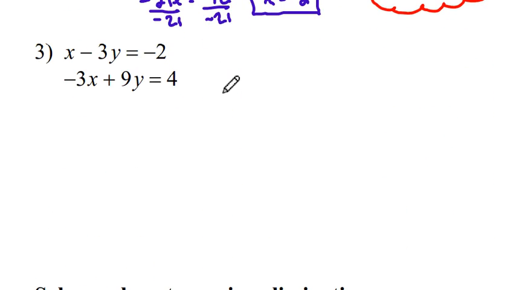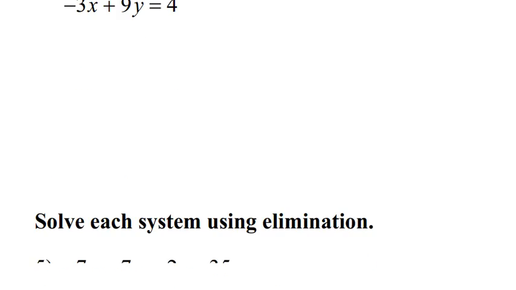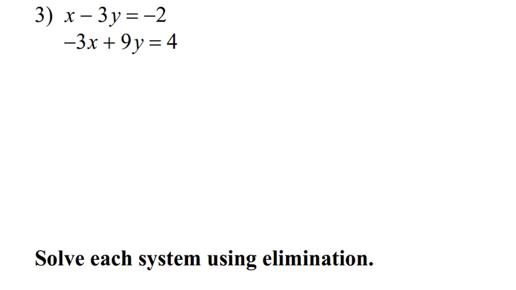And let's scroll down and do another one. So number 3, whoa, there we go. Same goal in mind, but here neither x nor y is solved for, or by themselves, and so a lot of times in this format it's easier to do elimination.